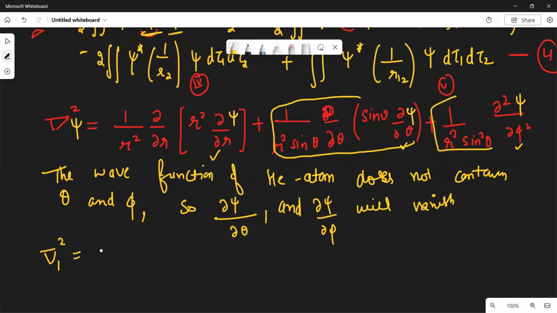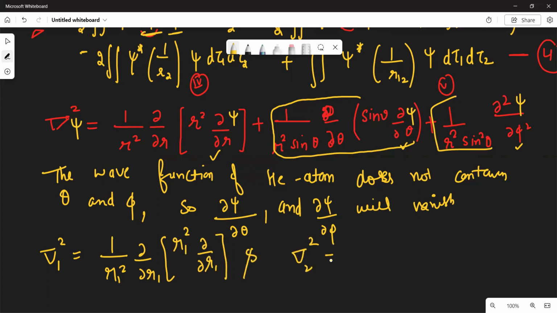So del 1 square for the first electron will be equal to 1 by r1 square del by del r1, r1 square del by del r1, right? Similarly, del 2 square will be equal to 1 by r2 square del by del r2, r2 square del by del r2.